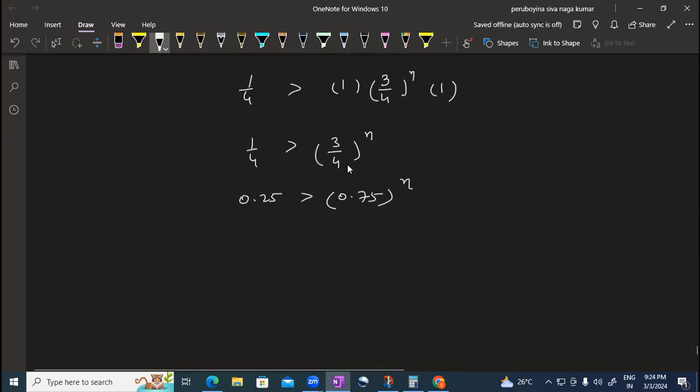Clearly, we already solved this equation. Clearly, the n value will be 5 times, 6 times, then only it will be below the value of 0.25: 5, 6, 7, and so on. So take n equal to 5 as the answer to this question.